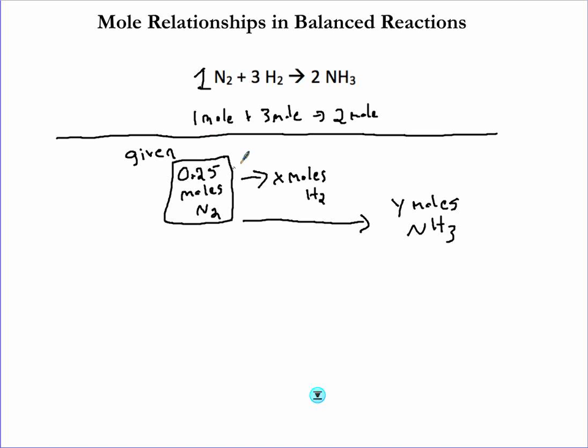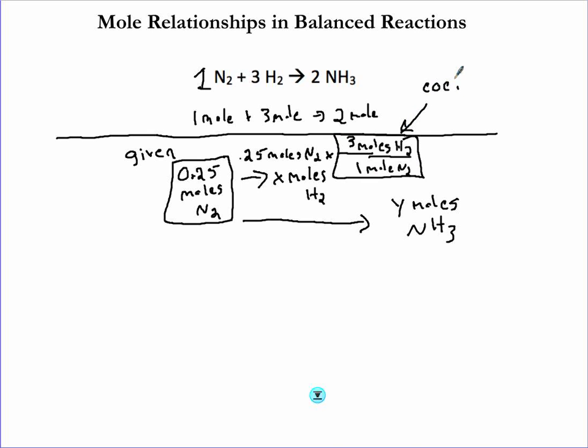Okay, so the key concept that we're going to be using here is the ratio of the coefficients. So if we take our moles of N2 and we convert that into moles of H2 by using the coefficient ratio of 3 moles of H2 over 1 mole of N2, then what we're using here is what is called a coefficient ratio.